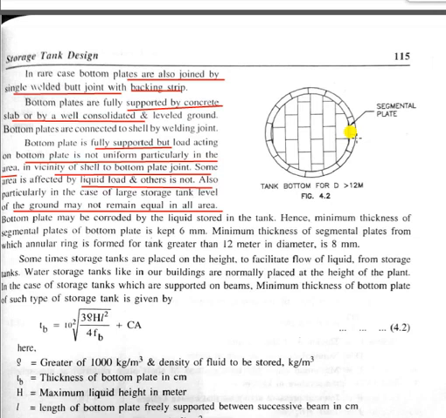So the minimum thickness of the segmental plates of the bottom plates is kept at 6 mm. The segmental plate is similar to an orifice plate, having a small diameter.